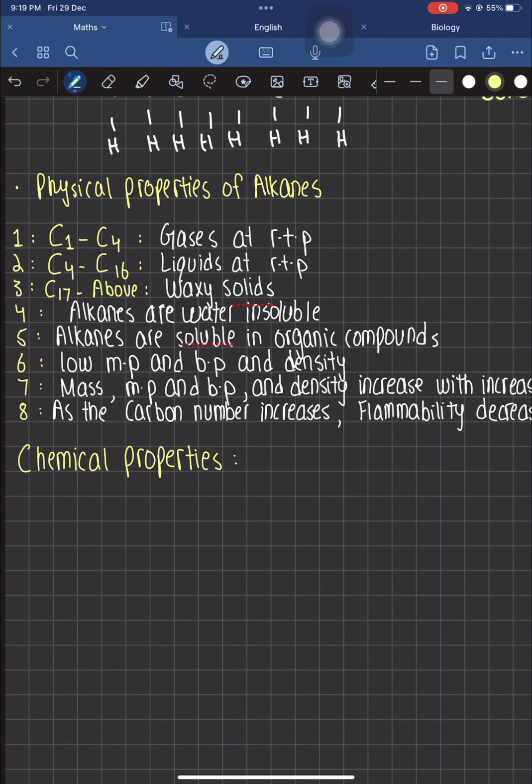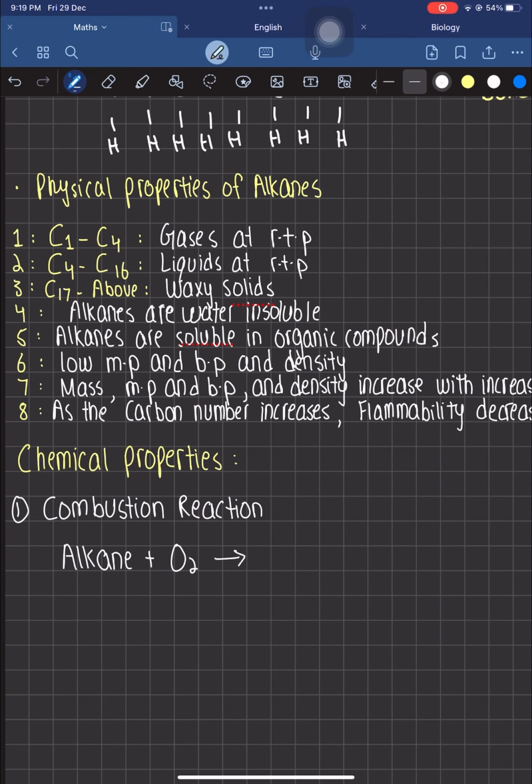First of all, we know that organic compounds all show combustion reactions. A combustion reaction is any reaction which involves oxygen and burning. For example, if I have any alkane and it burns in oxygen, the products will be the same for any alkane. It will give me carbon dioxide and water.